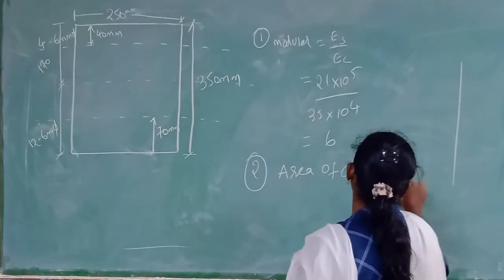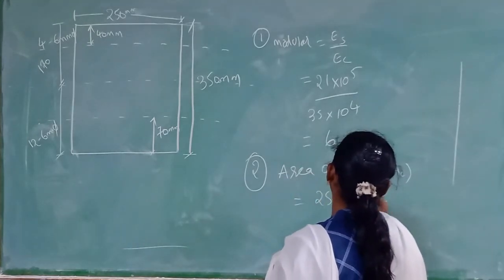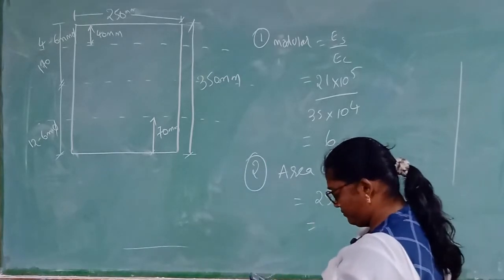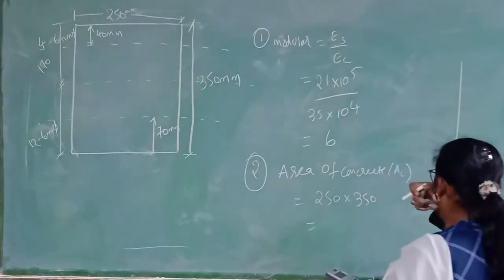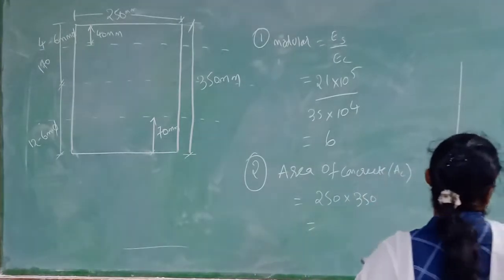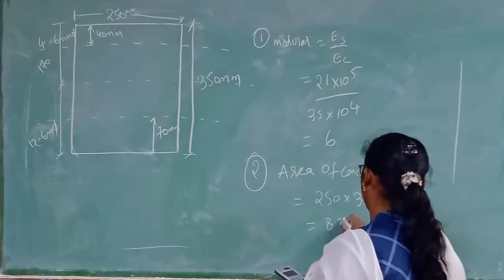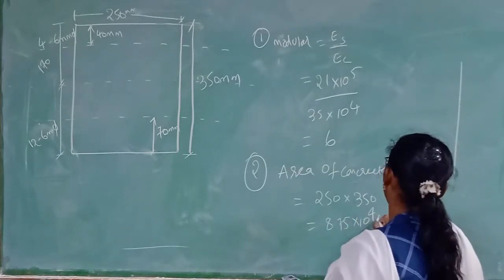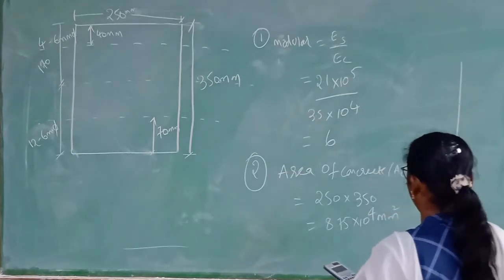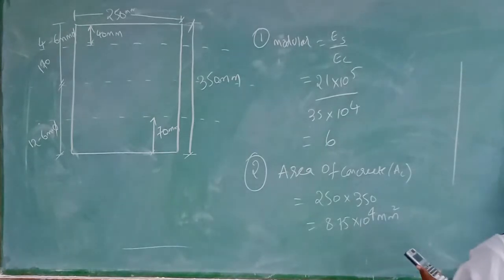What is the Ac they have given? 250 mm by 350 mm. Here I have taken it in steps, you can take it directly also.